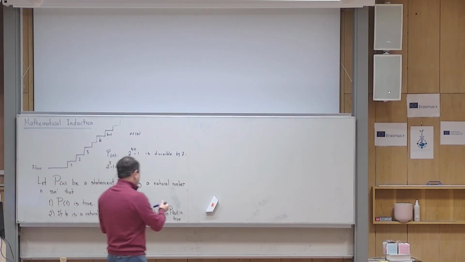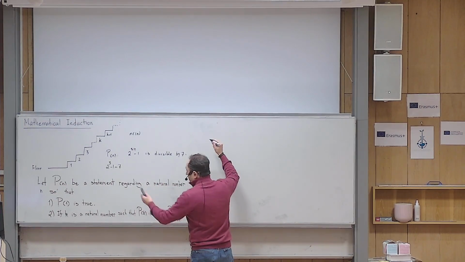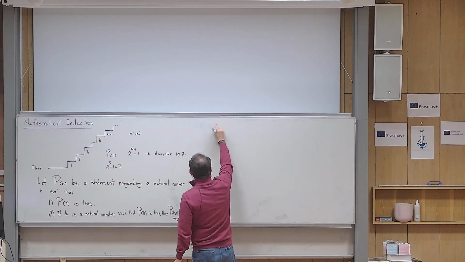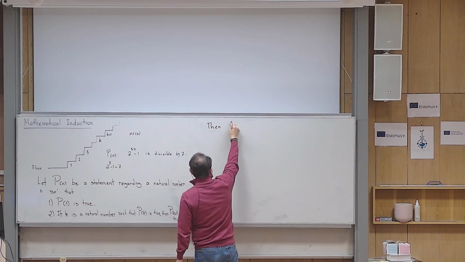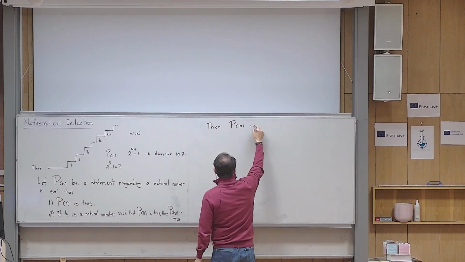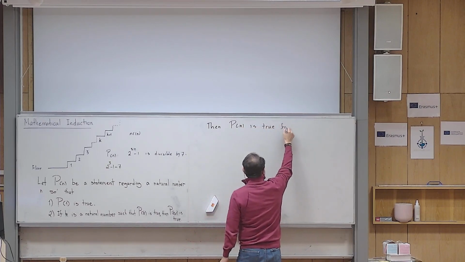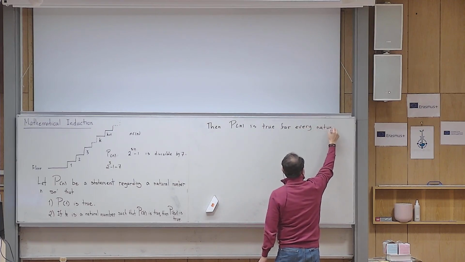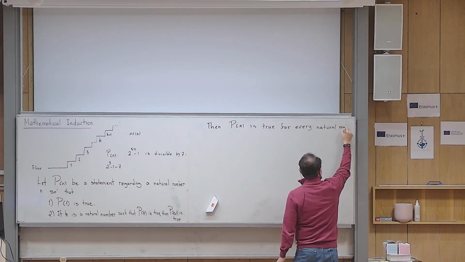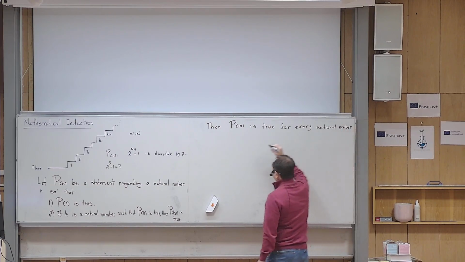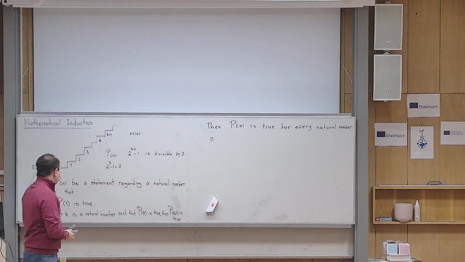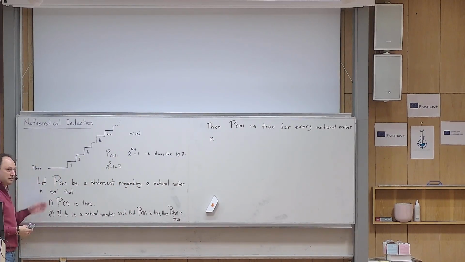Okay, so let P of n be a statement regarding a natural number n so that these two hold, then P of n is true for every natural number n. I don't want you to memorize that, I want you to understand that. So is that clear that this makes sense?